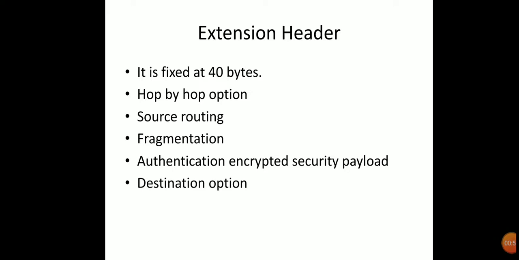So what are the destination options? To keep the message in the received path, it will be secured in the shortest path in each individual node. So these extension headers are used in IPv6 or IPv4 to enable the hop-to-hop functionality in the communication network medium.